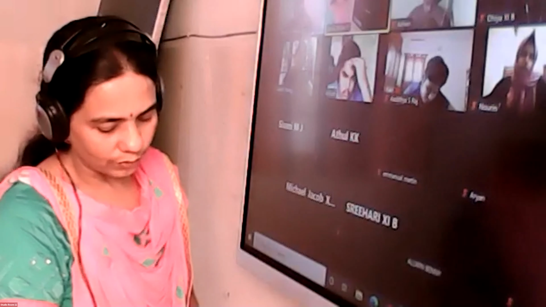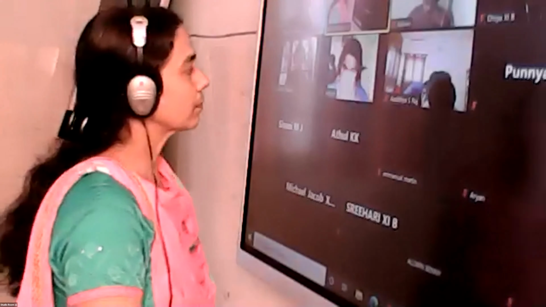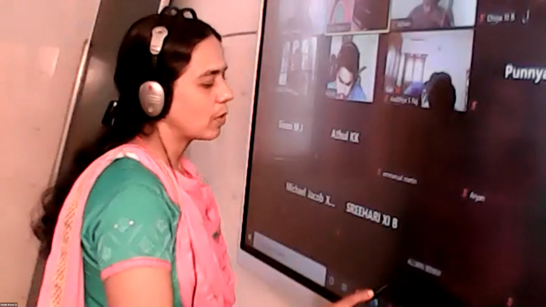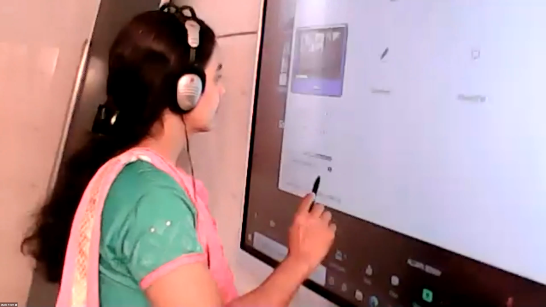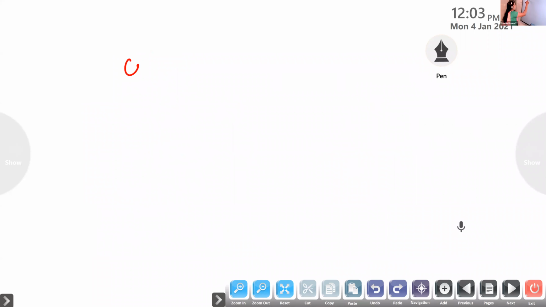Find the value of cos negative 1710. Tell me, children, how will you write this?